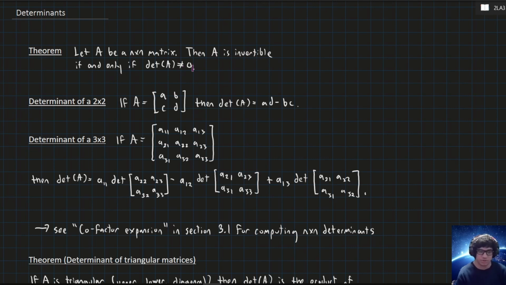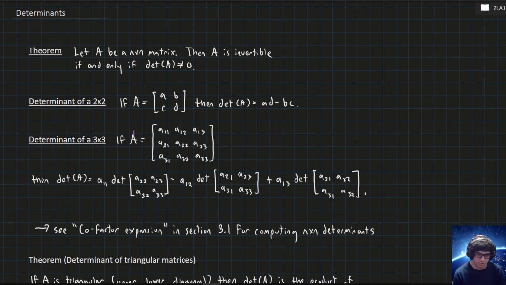The determinant is a number associated to a matrix. So how do you compute it? The determinant of a 2 by 2 is just AD minus BC. So it's simple to compute for a 2 by 2. For larger matrices, it's a bit more work.